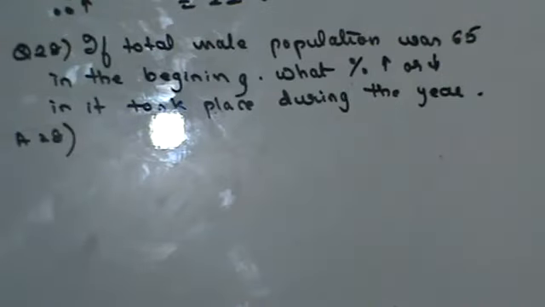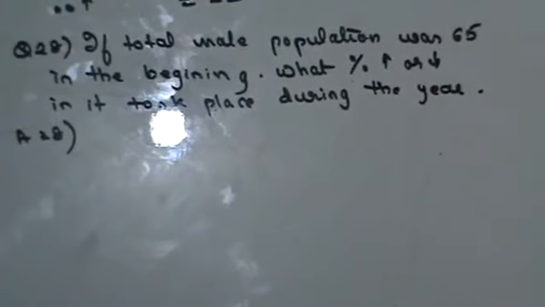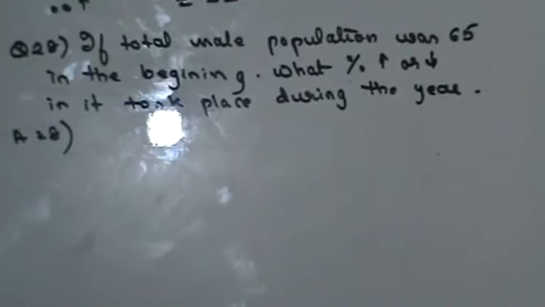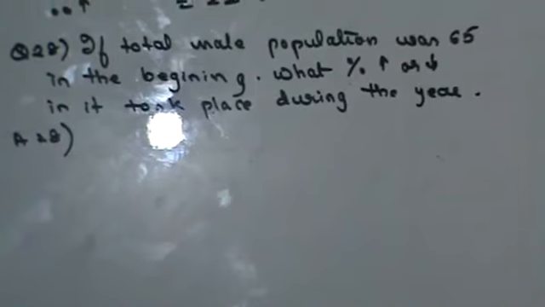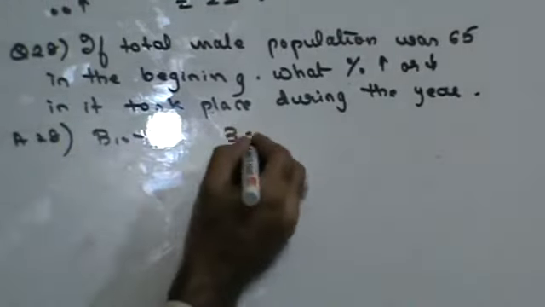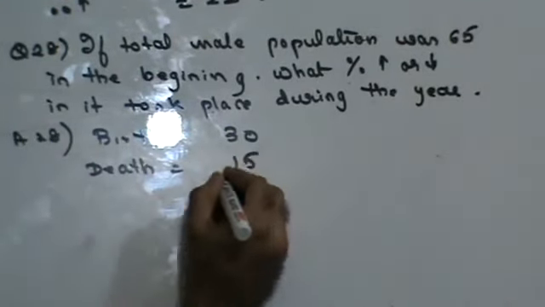Now, during the year, the total male population birth is 30 and death of male population in the year is 15.